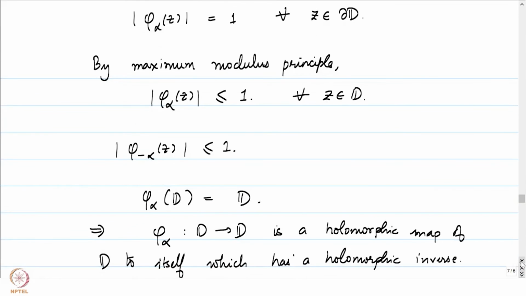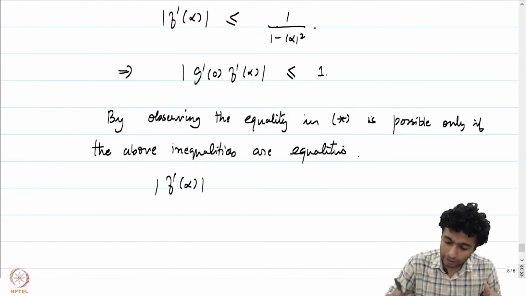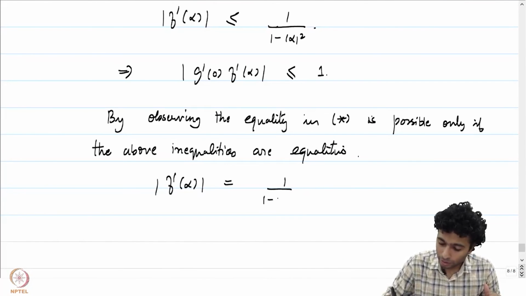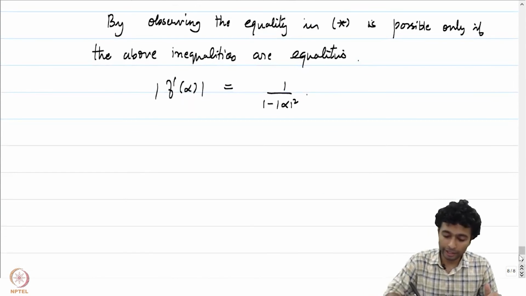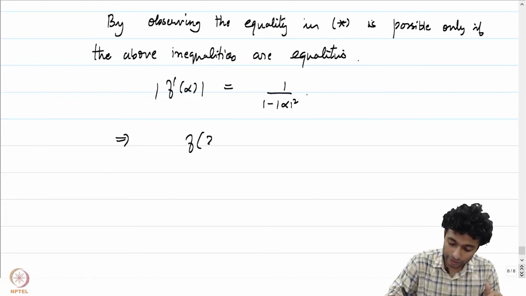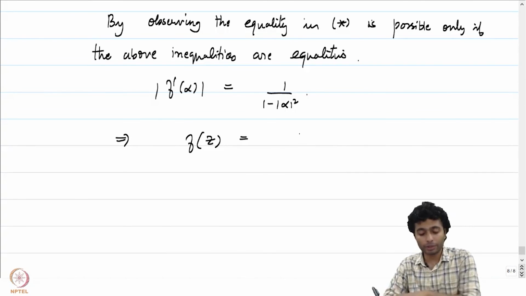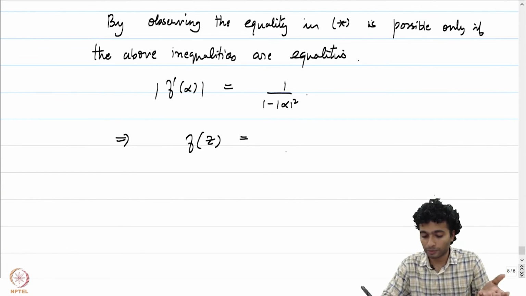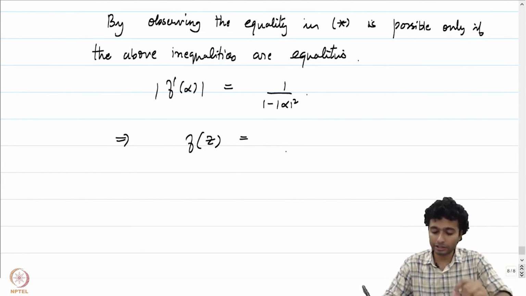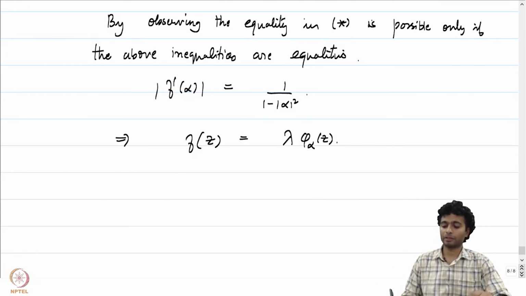In particular, what do we have? In particular, the modulus of f'(α) is equal to 1 - |α|², and that is possible only if f(z) is equal to, remember that α is getting mapped to 0 here, so in particular β is 0, so φ_{-β} is going to be equal to φ_0, which is just the identity, and there is some λ times φ_α(z).